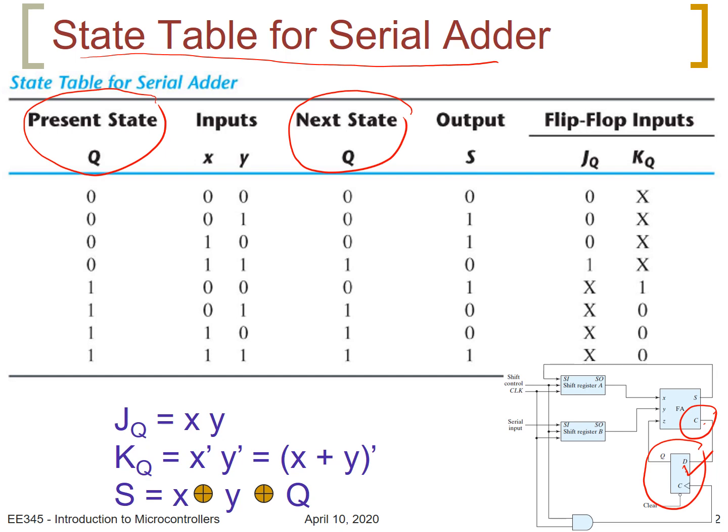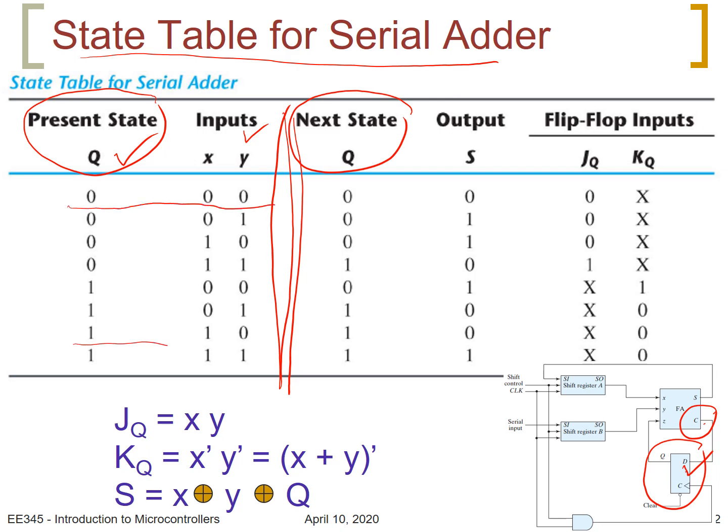Now, to construct the state table, we write down on the left-hand side the present state Q together with the inputs, which have 8 different combinations ranging from 0, 0, 0 to 1, 1, 1. And on the right-hand side, we write down the next state Q and the output S. Of course, Q will be the most significant because it represents the carry, and S, the sum, will be the least significant. And for this, the state table will be as follows.